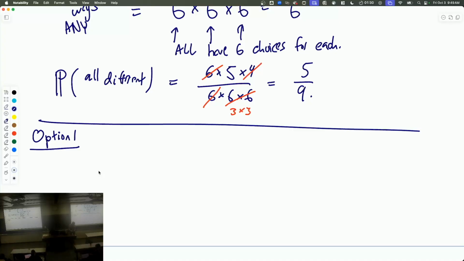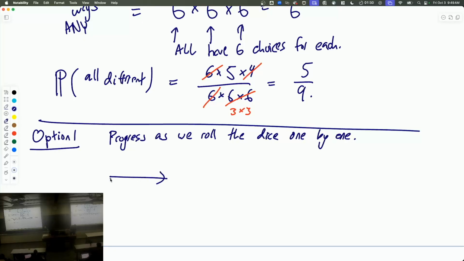So keep track of progress as we roll the dice one by one. Okay, and so when we roll the first dice, 2 things can happen. Either we have at least 1 duplicate and then we lose, or we roll and keep going. And we're going to start here.